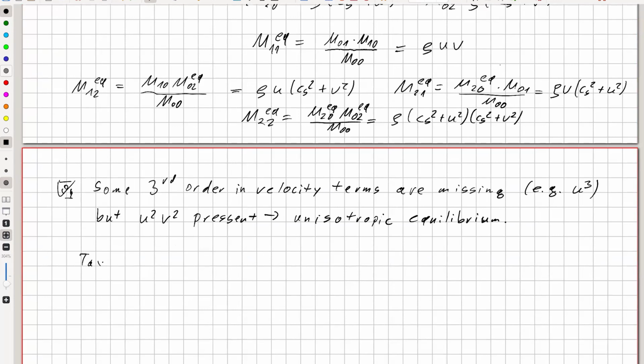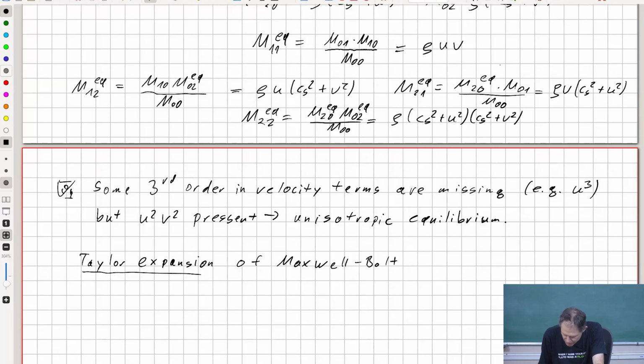Somebody of you addressed this yesterday after we had this exercise. Why don't we use a Taylor expansion of the Maxwell-Boltzmann equilibrium?